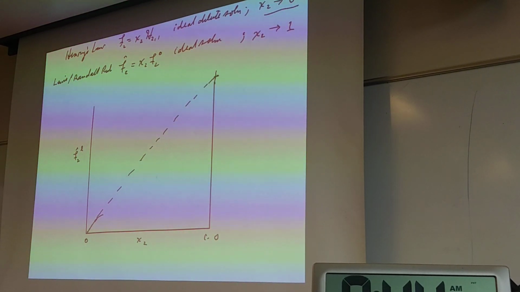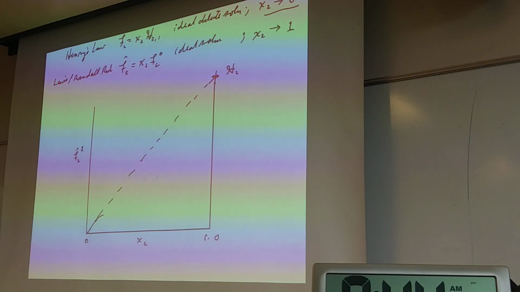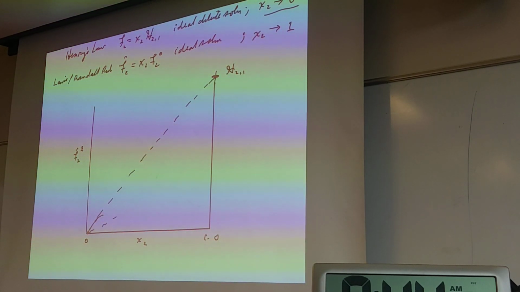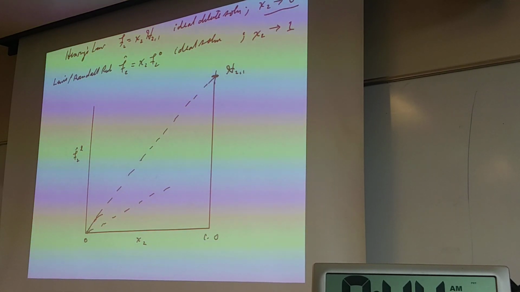And the value up here, if I extrapolate the Henry's law all the way up to a mole fraction of 1, this intercept is going to be Henry's constant. Now if I plot the Lewis and Randall rule, let me just plot a line for that. Make it a little bit lower.